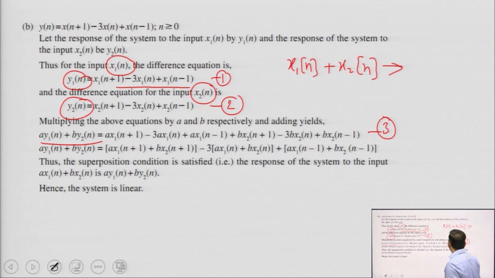So, we can say that equation number 4 will be definitely equal to the next equation, which we can produce by putting this whole factor x1[n] plus x2[n] instead of x[n]. So, equation number 4 will be equal, and we can say the superposition theorem is verified. Once the superposition theorem is verified, we can make a comment that the system is linear.